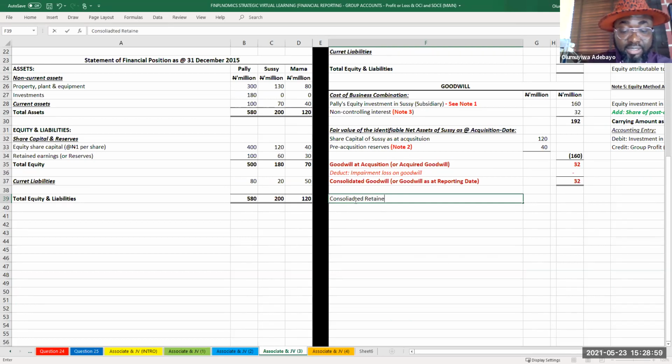Let's obtain our consolidated retained earnings and non-controlling interest value as at the reporting date, that's December 2015. That's note 6.